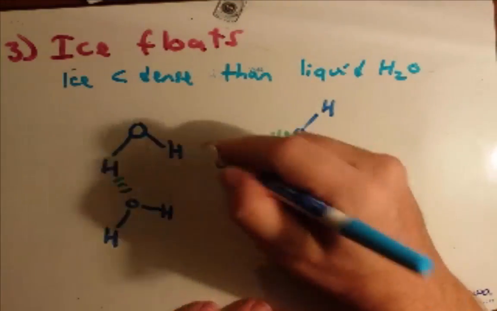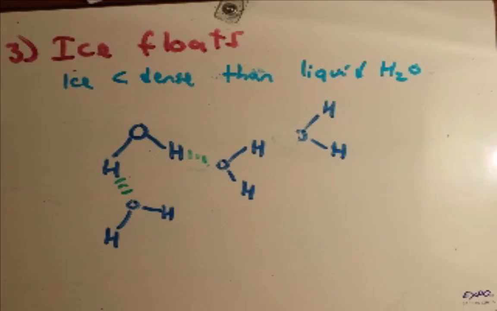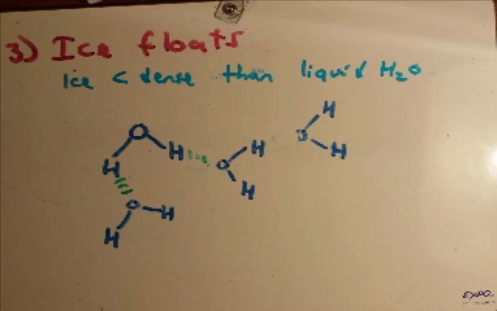Then they'll reform again, and others will break apart. And remember, when you're looking at a cup of water, there's more than just 4 molecules here, billions of molecules. And so this constant breaking and reforming of hydrogen bonds within the water molecules allows it to have this liquid form. The hydrogen bonds are less stable.